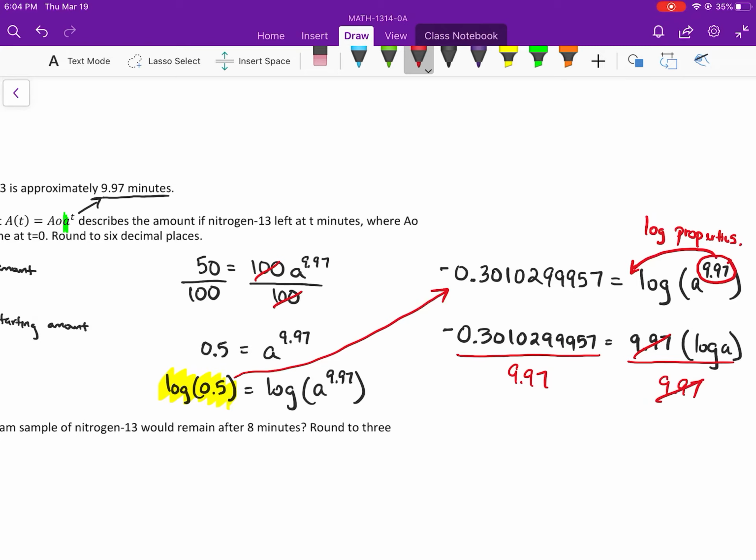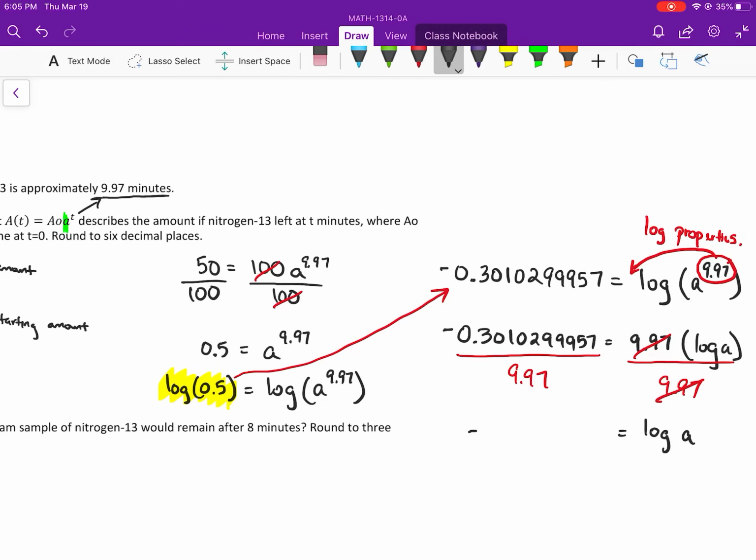This is going to get rid of this, which is just going to leave log A equals, let me punch that in. So that big long decimal divided by 9.97 is, oh, it didn't change much, did it?